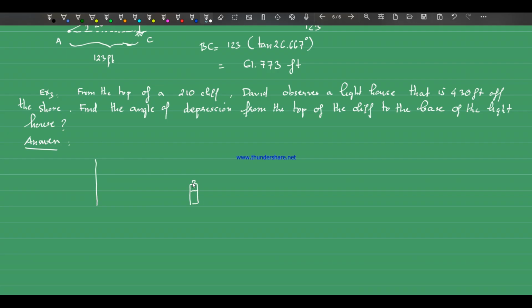The guy is standing up here on the cliff, and the cliff is 210. This is the ground, the shore, the ocean. And the lighthouse is off the shore, so from here to here is 430 feet.